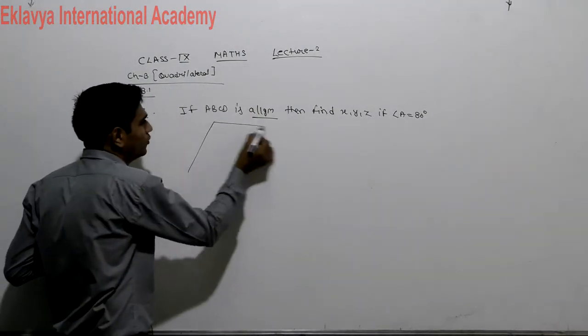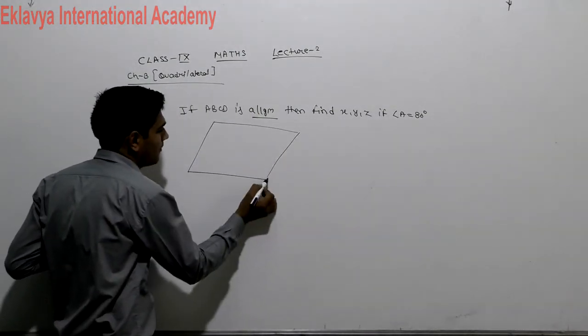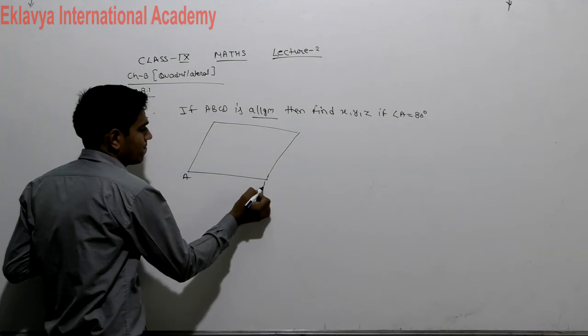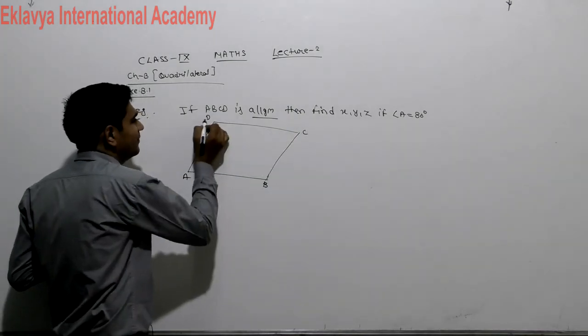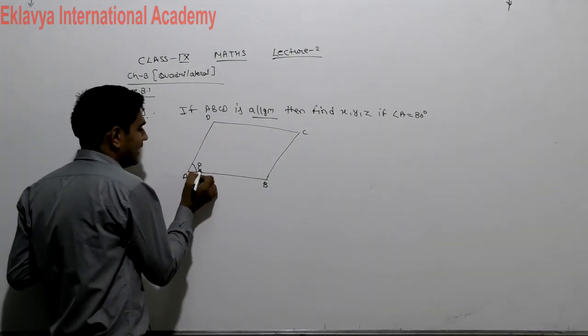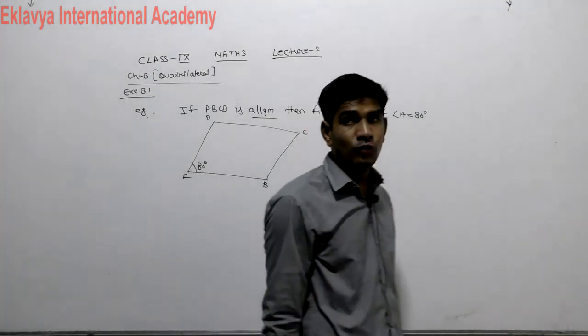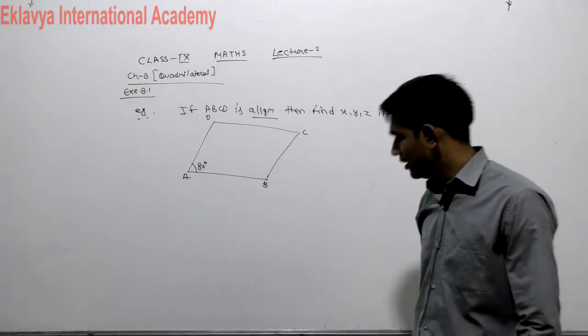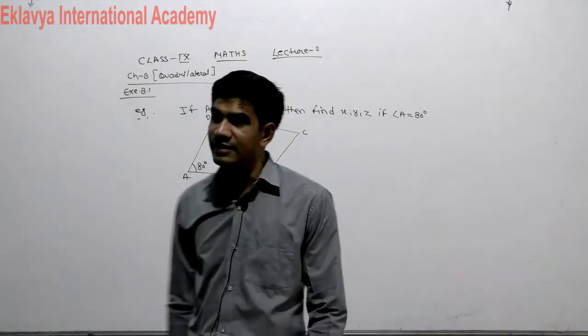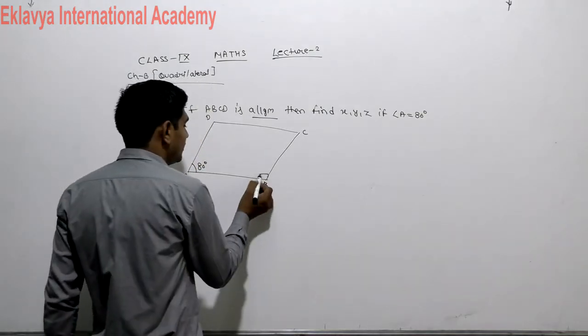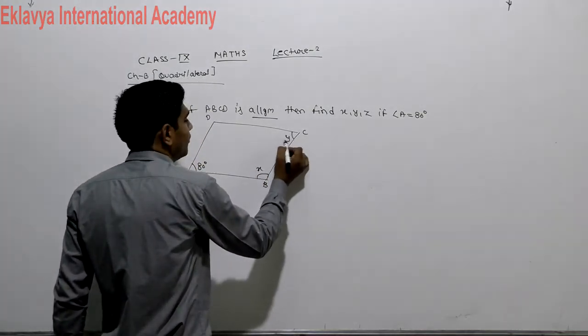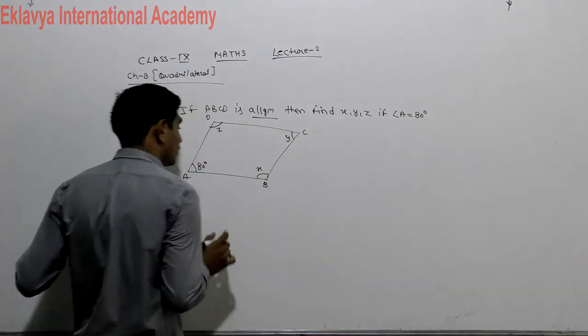Diagram is given to you. ABCD is a parallelogram in which angle A is equals to 80 degree. Then how will we find the values of the angles B, C and D, that is given to you as X, Y and Z?